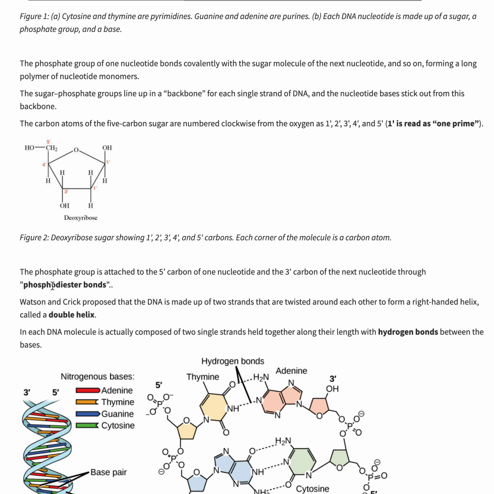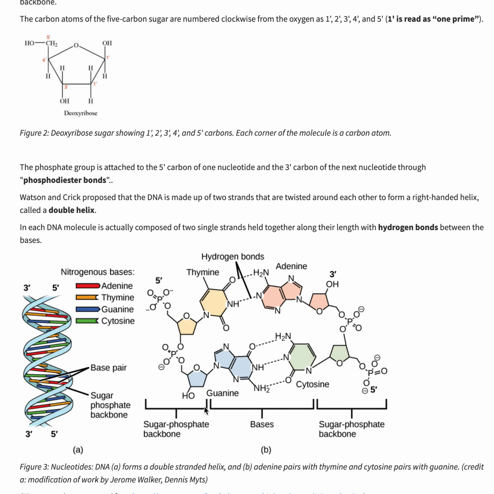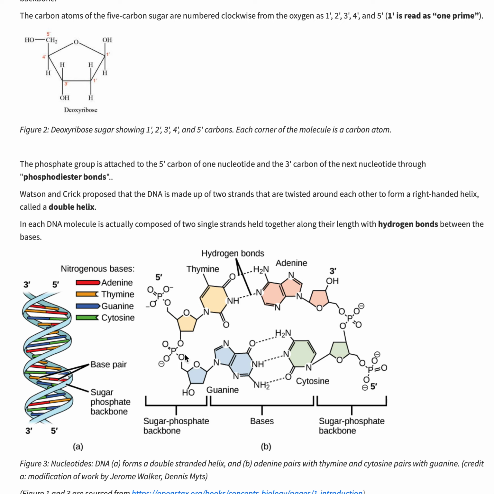Okay. The phosphate group is attached to the 5 prime carbon of one nucleotide and the 3 prime carbon of the second nucleotide. So if you look at here, this is the phosphate group. It's bonded to the 5 prime carbon of this nucleotide and the 3 prime carbon of this nucleotide.